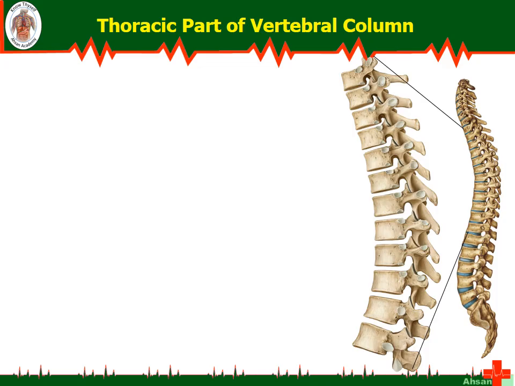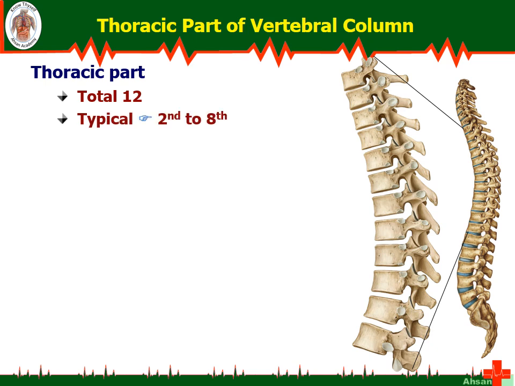The thoracic part of the vertebral column is formed by the thoracic vertebrae and the joint between them. This joint has an intervertebral disc, so the total column is formed by the vertebrae as well as the intervertebral disc between them. There are 12 thoracic vertebrae.